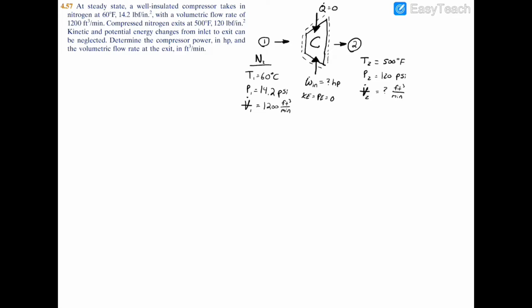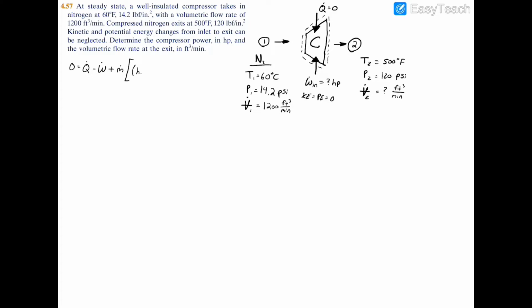All right, so the first thing I'm going to do is find the power of the compressor, and in order to find that, I'm going to use the energy balance equation over this compressor. So if you recall, we'll have 0 equals the heat transfer minus the power plus the mass flow rate times what comes in minus what comes out.